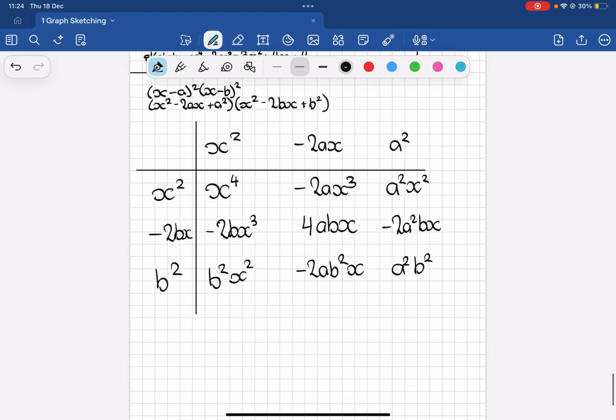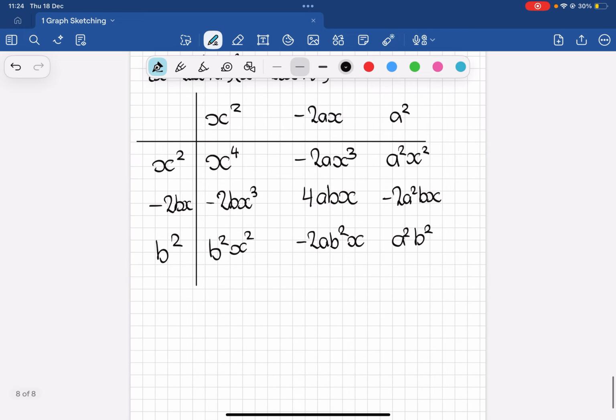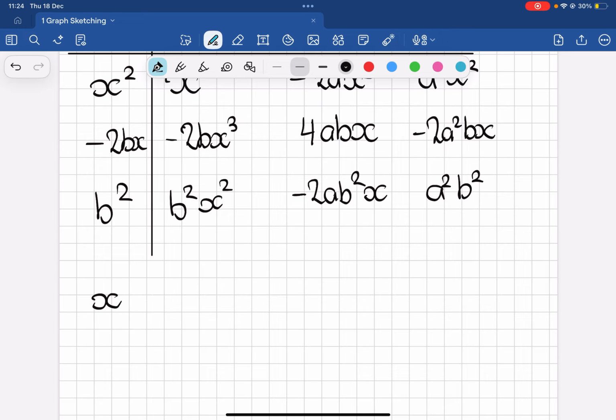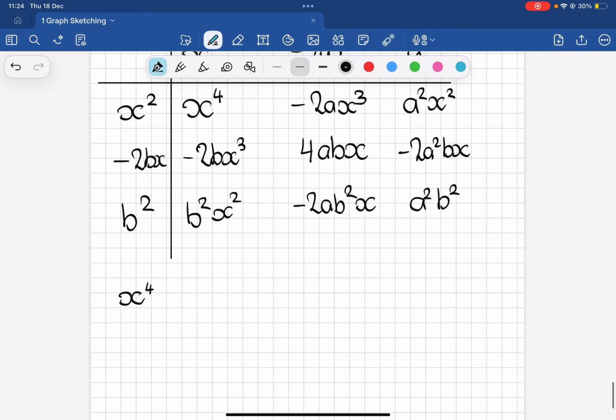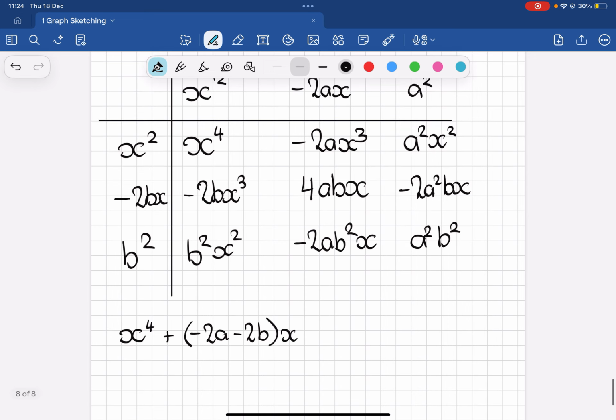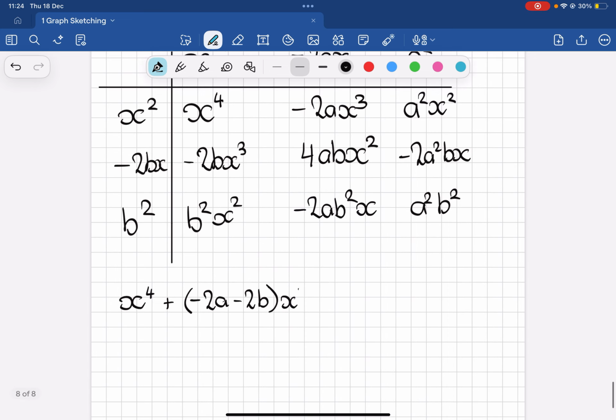Now let's collect like terms. For x to the 4, we've just got x to the 4. Then for x cubed, we've got minus 2a minus 2b, x cubed.